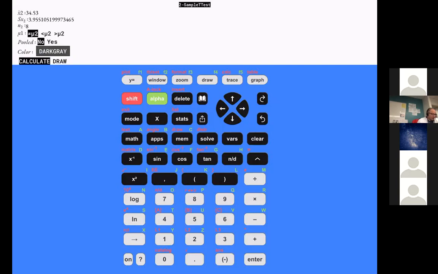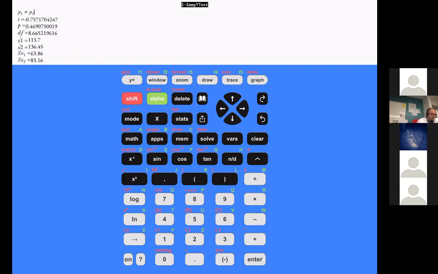Mean number 2 was 136.45. Standard deviation 83.16, and a sample size of 31. We decided we were doing not equal to. We're not going to pool, and we're going to calculate.